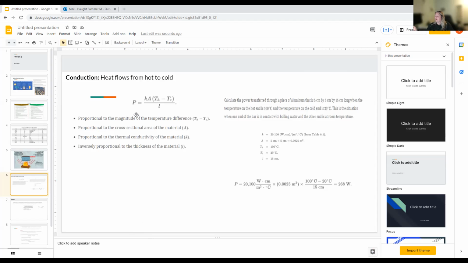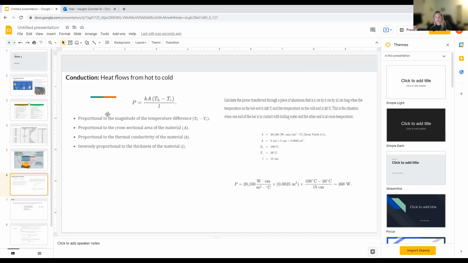But basically, what this equation is saying is that P equals K A times (Th minus Tc) over L, and then it tells you what all of these mean. P stands for the power density per unit area, which was the main thing talked about at the beginning. P over A is power density per unit area.